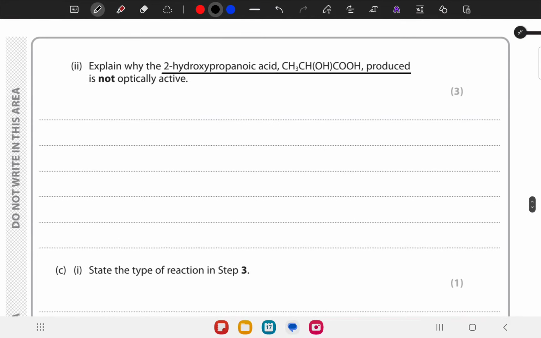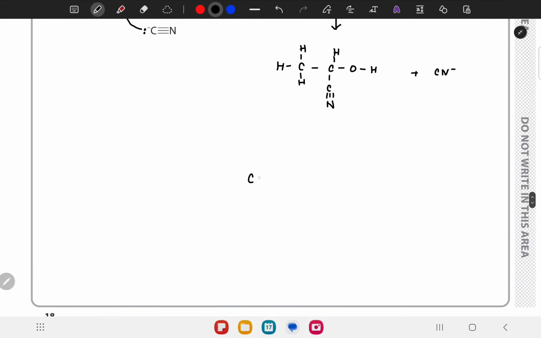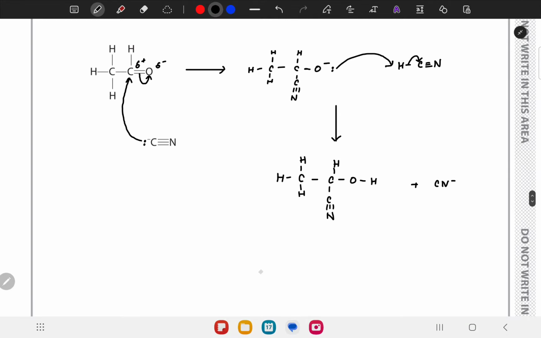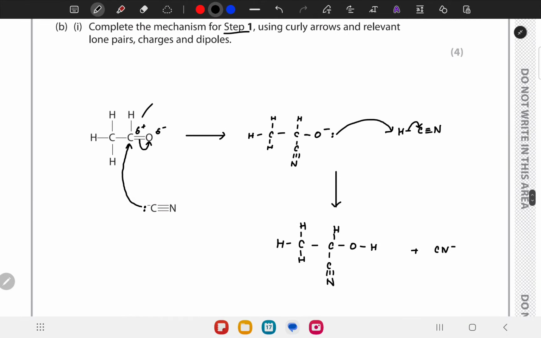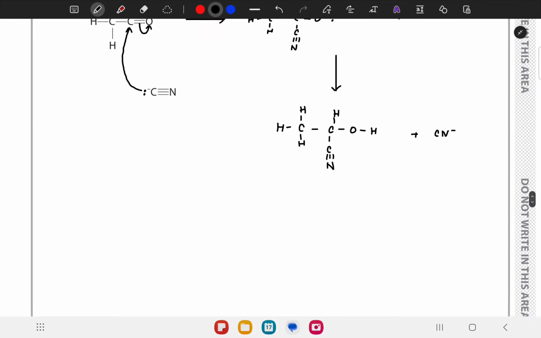When it's formed, a racemic mixture will be formed because around the C double bond O, it would be planar. So the CN minus nucleophile can attack from this direction or this direction, any of them. With equal probability, so a racemic mixture of both enantiomers will form.